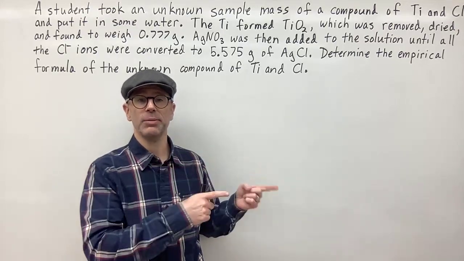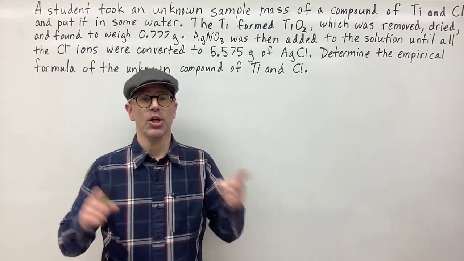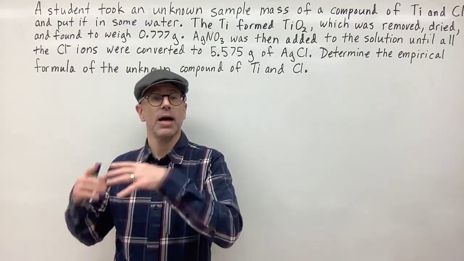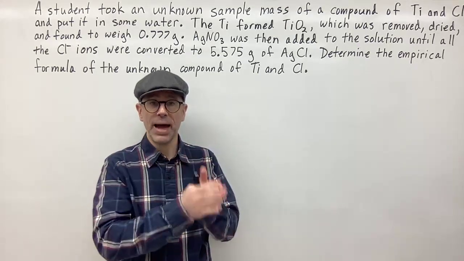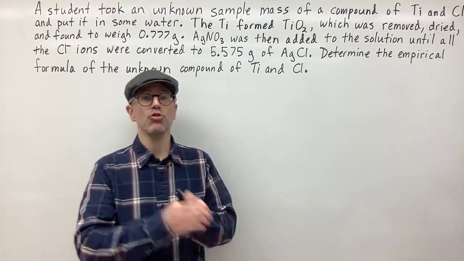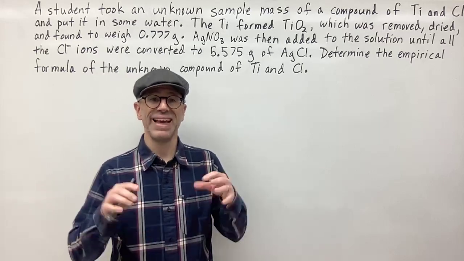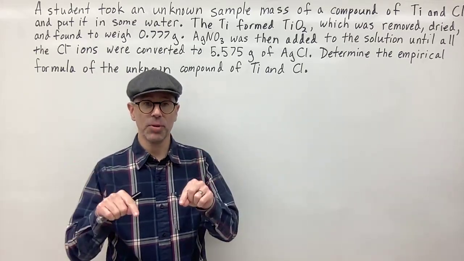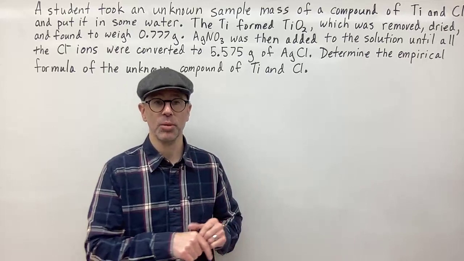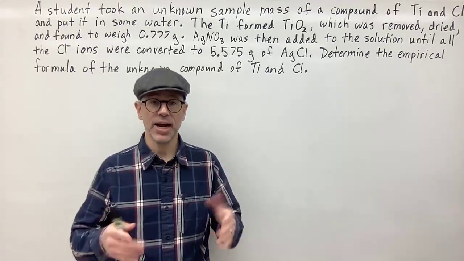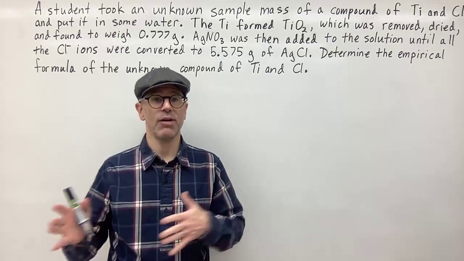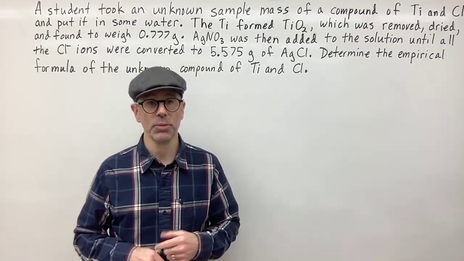So if you know what elements were in your compound, you can then use the products you formed to convert the masses of those products to moles of the elements that are in the products but also came from your original sample. Okay. And then from there, once you get moles, it's all downhill to find the empirical formula.